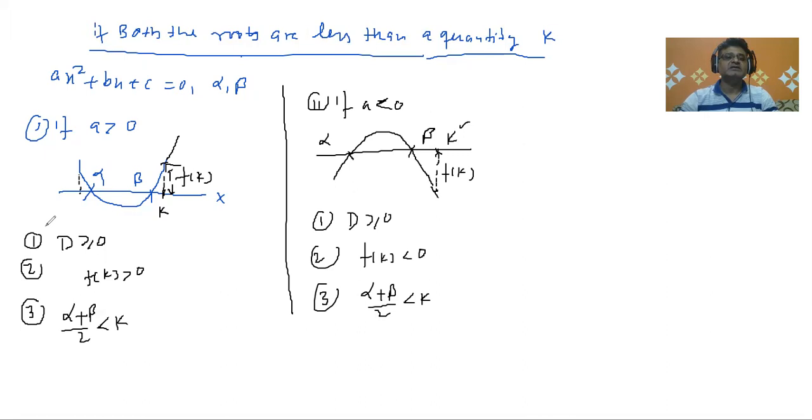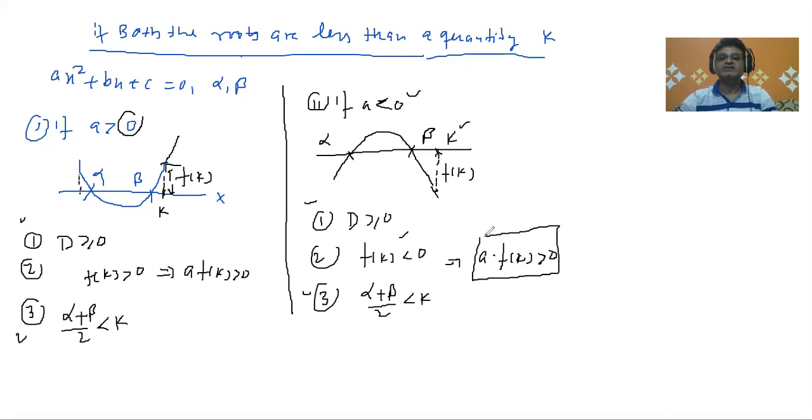Now we can see that in both the cases, D is the same, the third condition is the same, but the second one is different. Since a is a positive quantity and fk is a positive quantity, a into fk will be greater than 0, and when a is a negative quantity and fk is a negative quantity, a into fk will again be greater than 0. So if we write a into fk is greater than 0, both the cases are covered.